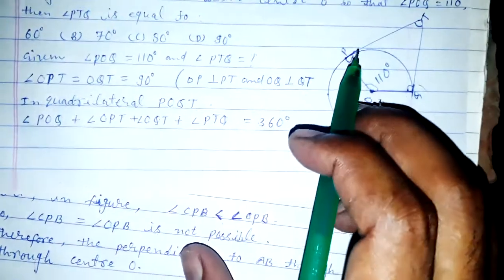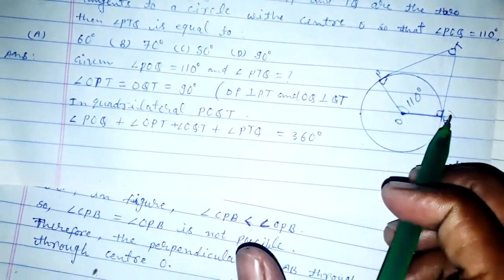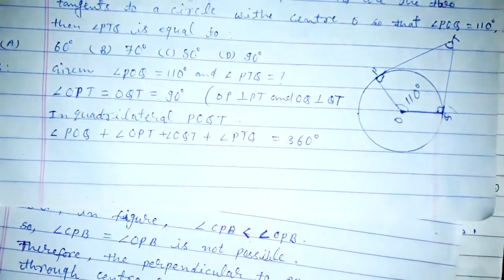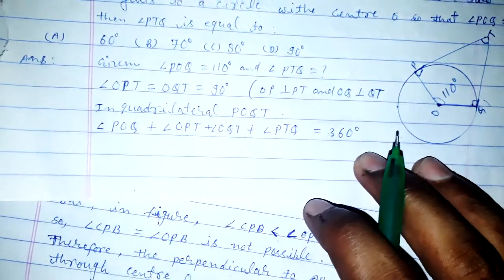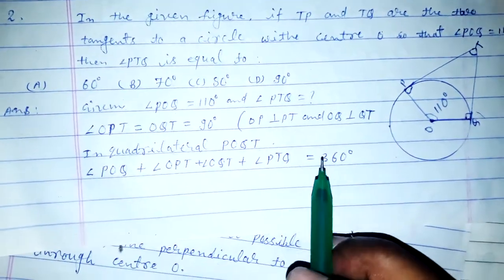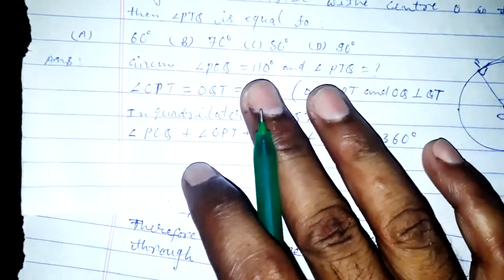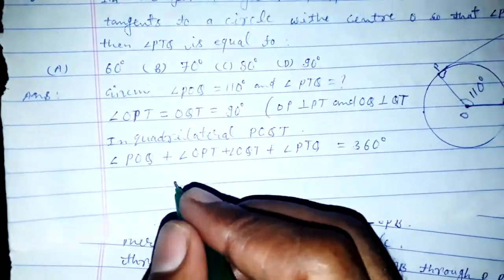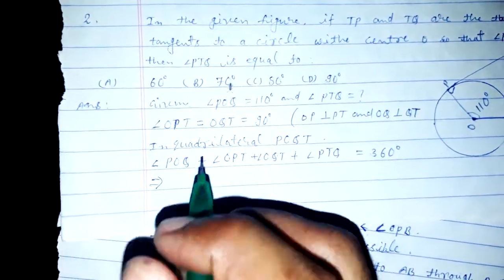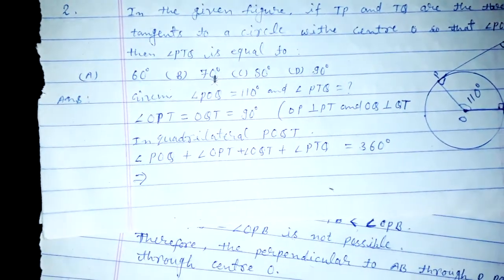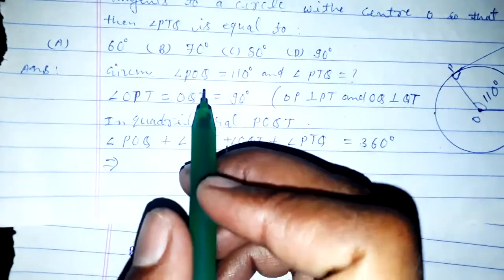In quadrilateral POQT, the sum of the interior angles of a quadrilateral is 360 degrees. Put the values of these angles. What is the value of POQ?